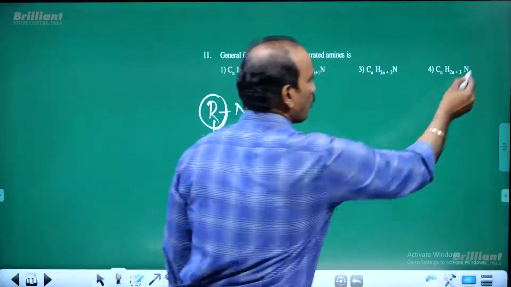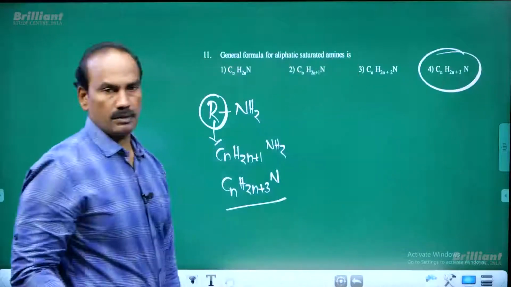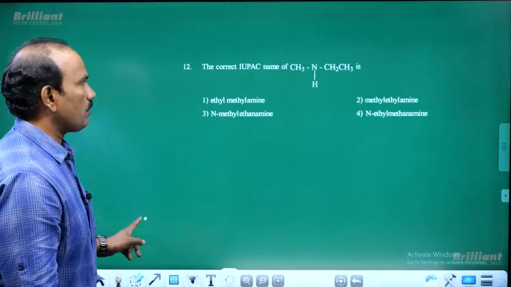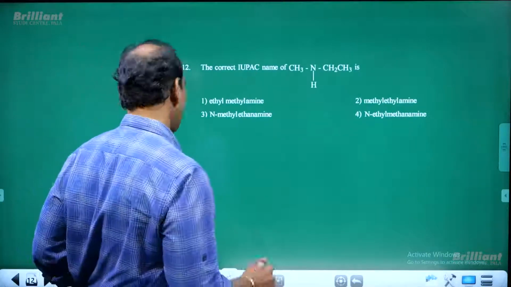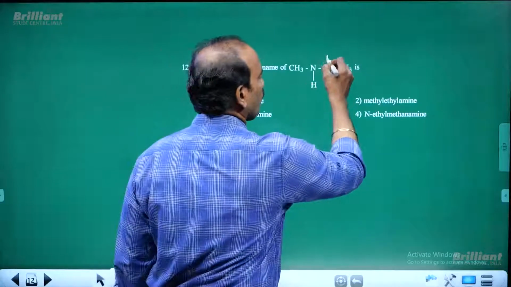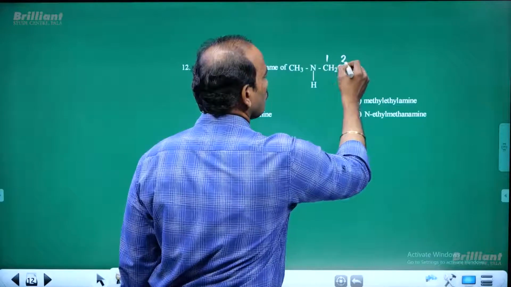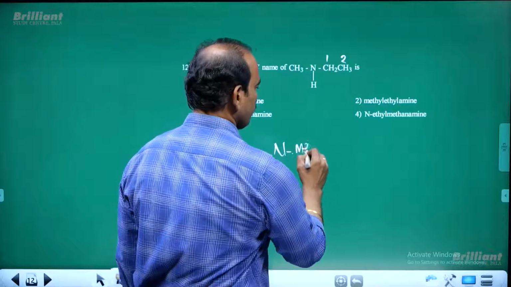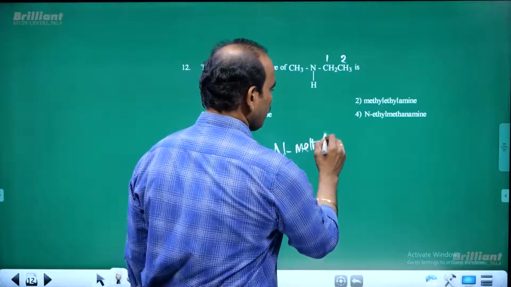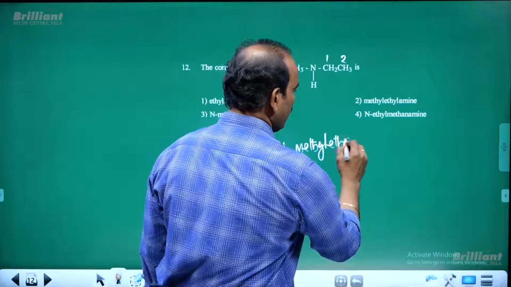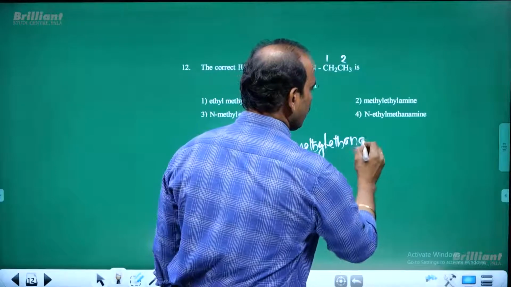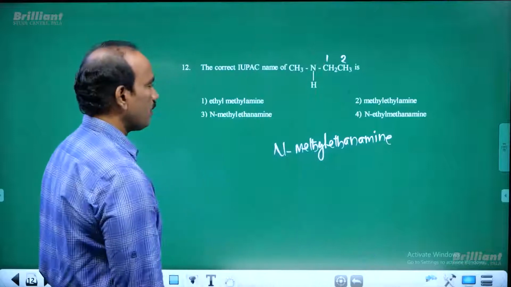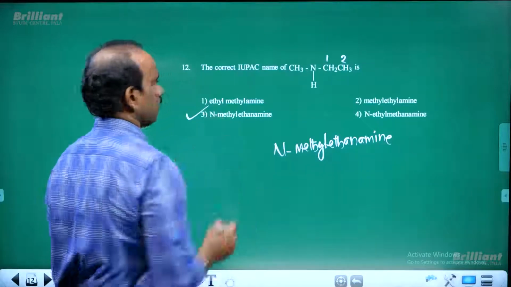So the option is this one. Clear? Next one, the IUPAC name of this, 1 and 2, is N-methyl ethanamine. Okay.